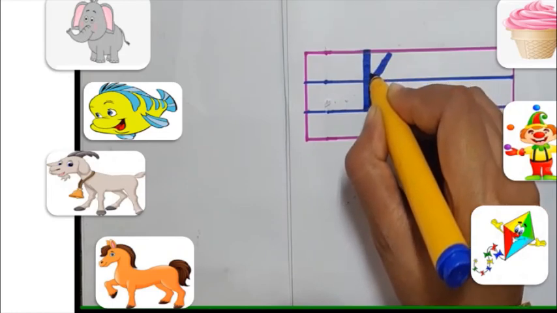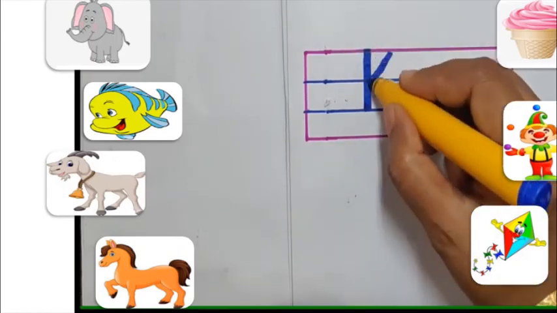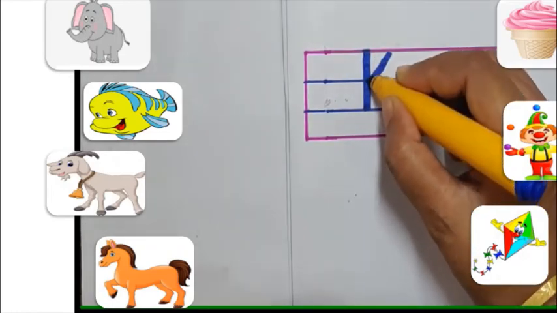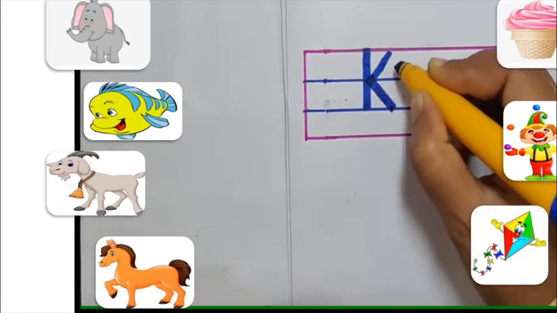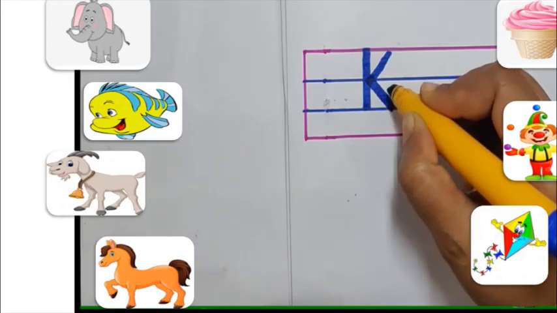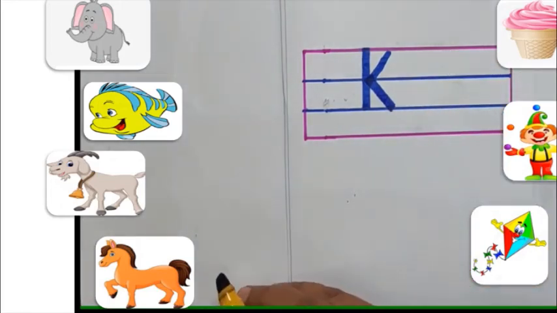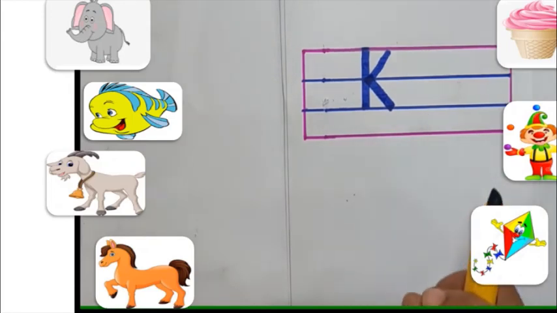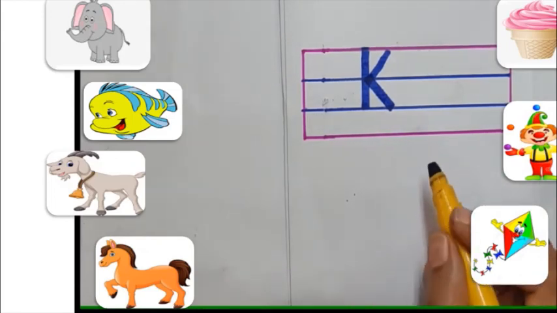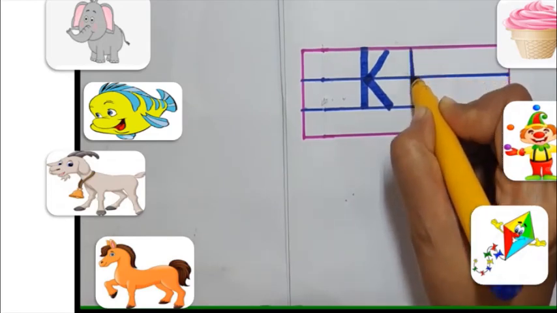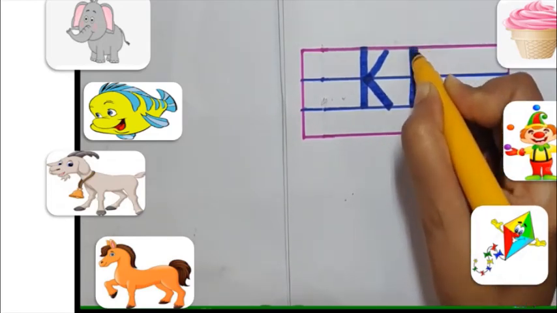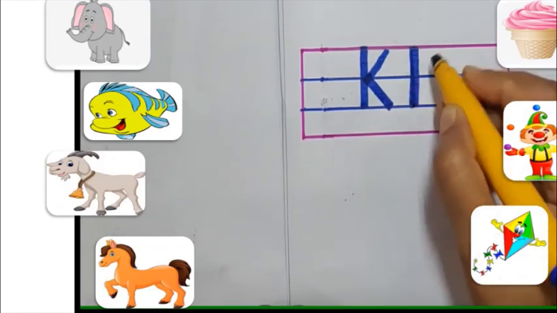Start from the top line towards the middle line. Again, start from the middle line, take it towards the third line. We have two slanting lines, back slant and front slant. So, capital K. Then, let us write small k. Standing line.